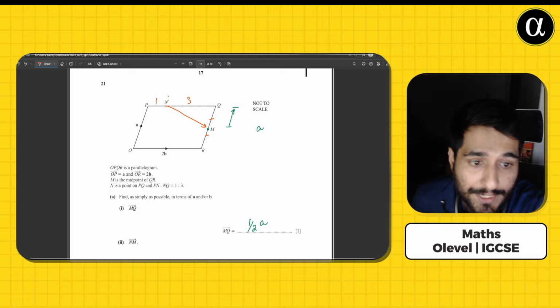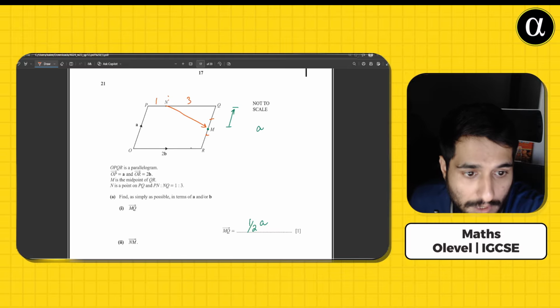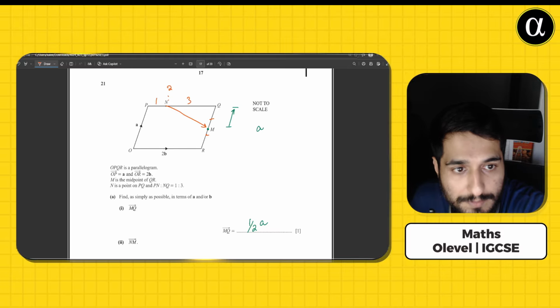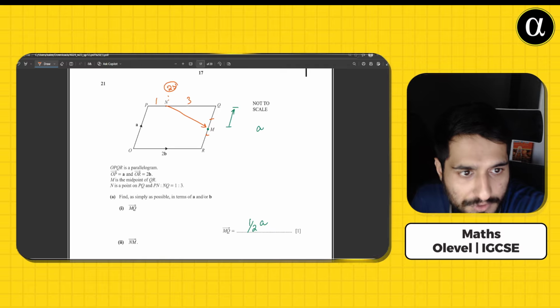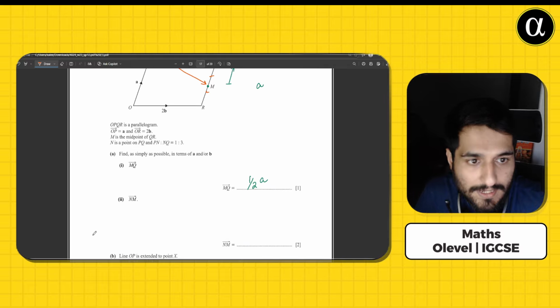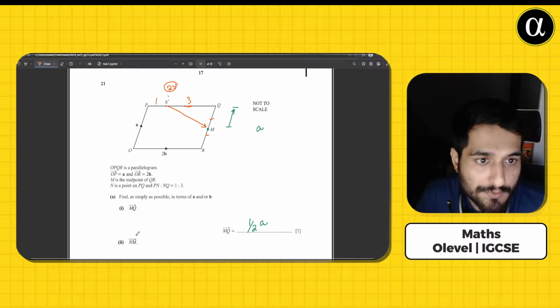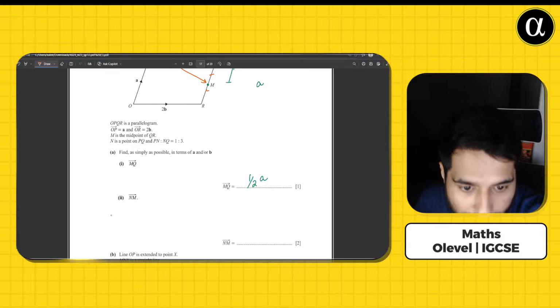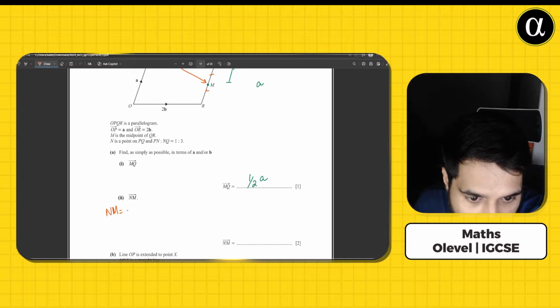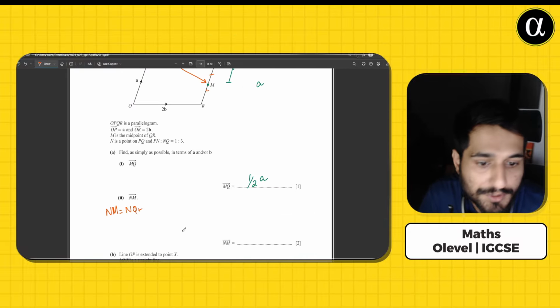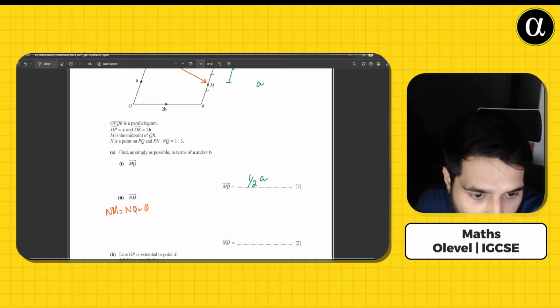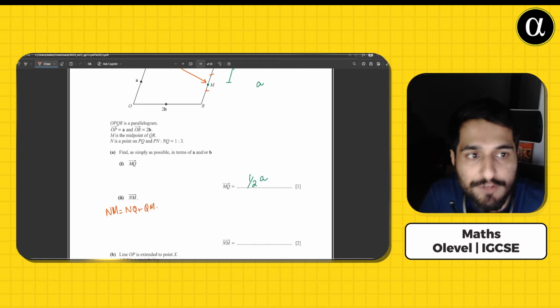Now, we need to understand that since OR was 2b, this whole vector is supposed to be 2b as well. But what about this portion NQ? We would say NM is equal to NQ plus QM. And what's the value of NQ?